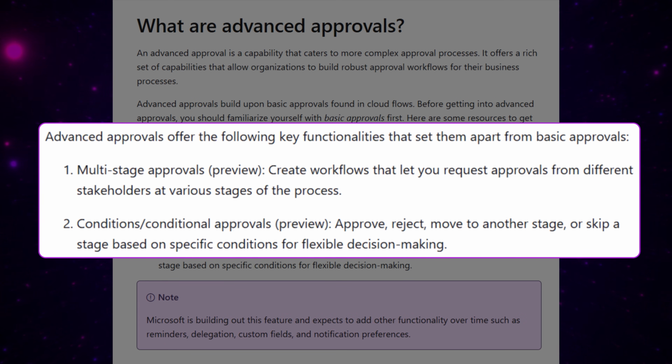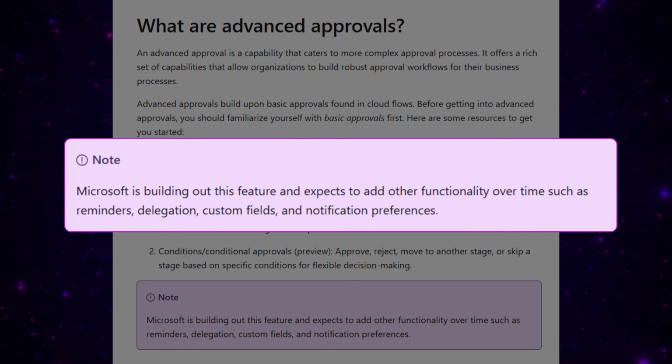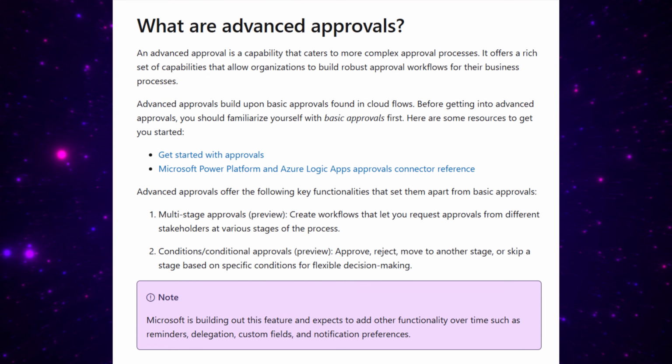Advanced approvals offer key functionalities that set them apart from the standard approval action in Power Automate. One, we can create multi-stage approvals. Second, conditional approvals. Plus, reminders, delegation, custom fields, and notification preferences.